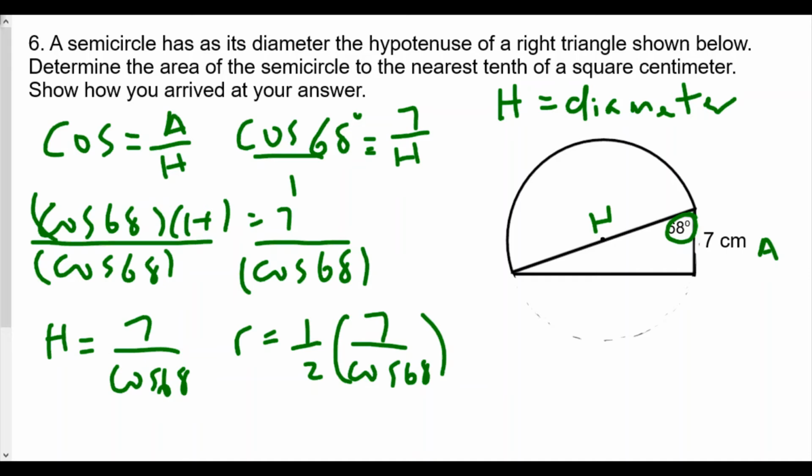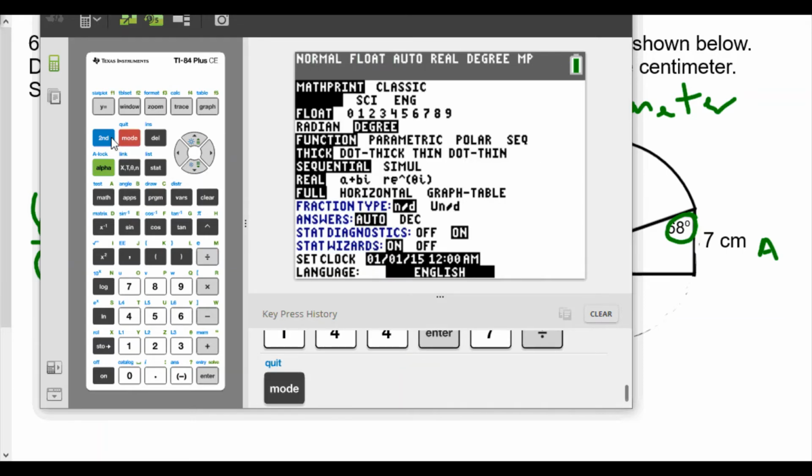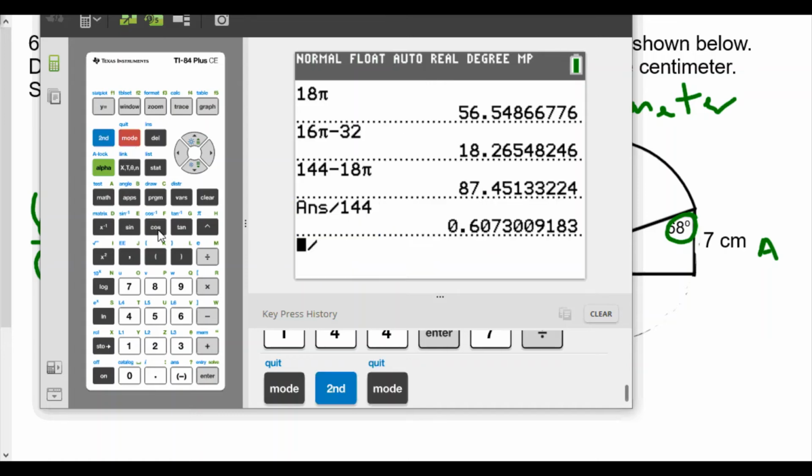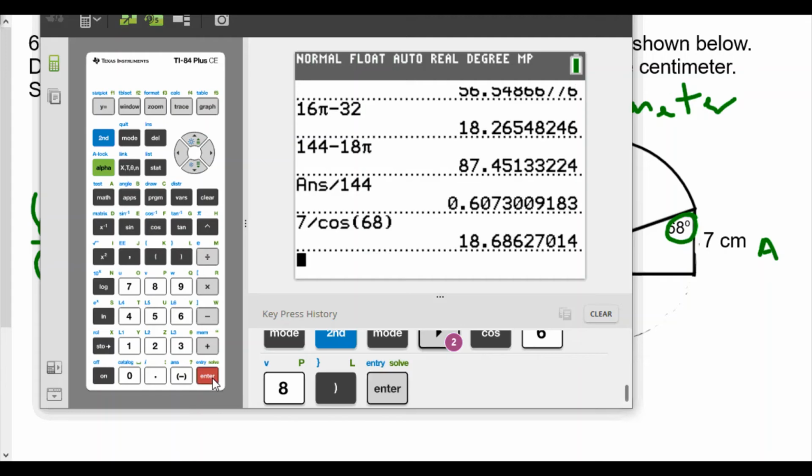So here, let's use a calculator. We're going to do 7 divided by the cosine of 68. Just make sure we're in the right mode. Yes, we're in degree mode. So 7 divided by the cosine of 68, and we find this numerical value is 18.68627014.